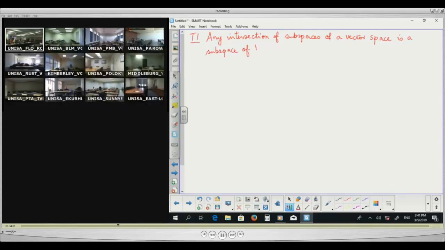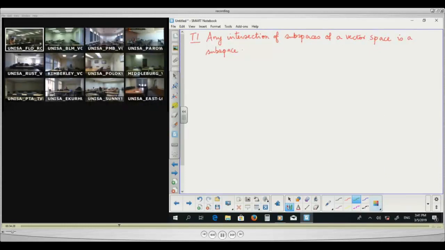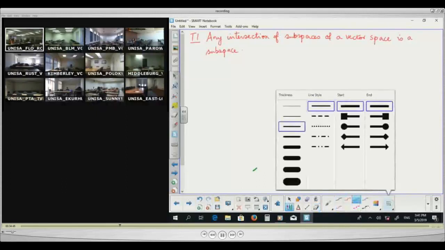Now this one creates problems when you have this proof. If you give me any collection, this is where I will require the notion of an index. So let's try to look at it firstly quite naively.